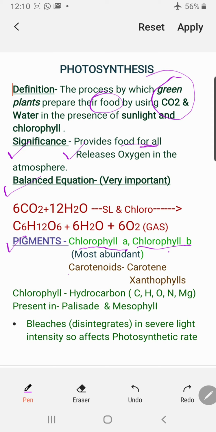I have also written here carotenoids because it's not that all plants are green. Sometimes you find the leaves of the plant yellow, orange, brown, red, or something like that. So that category of pigment is carotenoid. Right, children? Carotenoid can be further categorized as somewhat red, that is carotene, and the other one is xanthophyll.